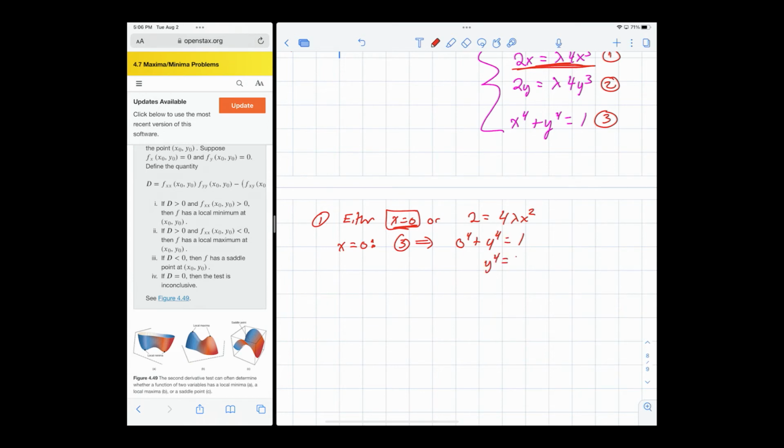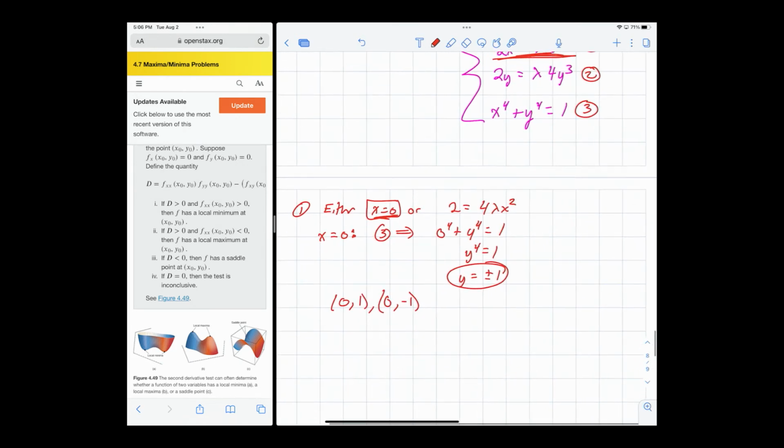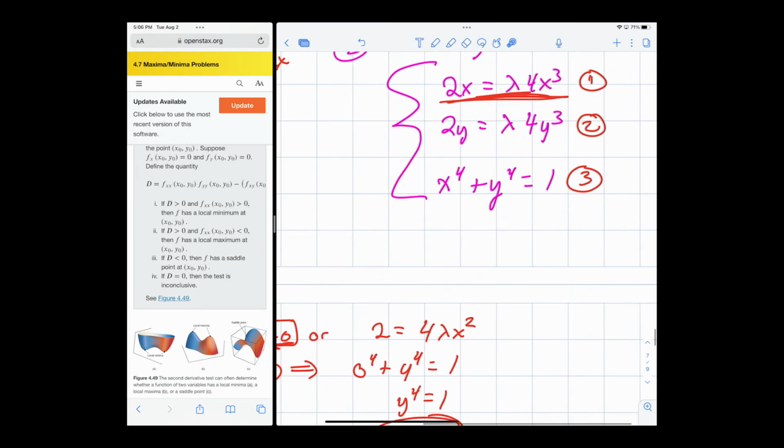So y to the 4th equals 1, and that would mean that y has to be plus or minus 1. So we've got (0, 1) and (0, -1) there. Now, you can check those to make sure that they satisfy this equation. Of course, they will for some lambda value. I don't actually care about the lambda value, so I'm not even going to bother with equation 2.